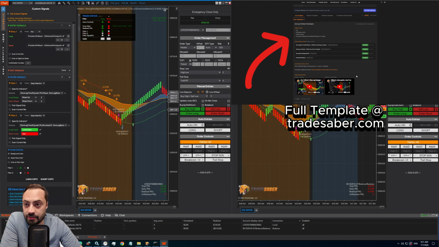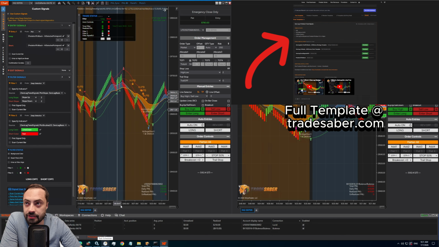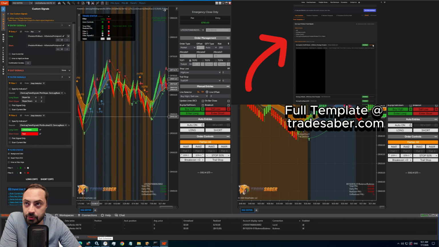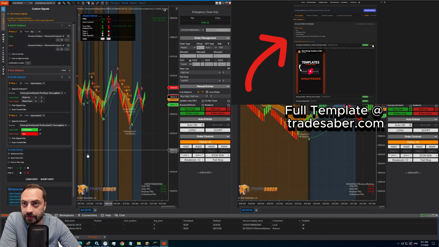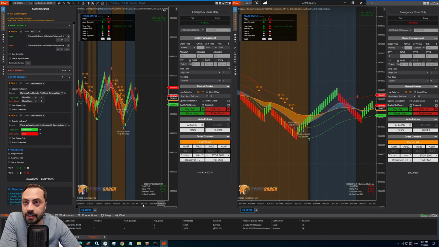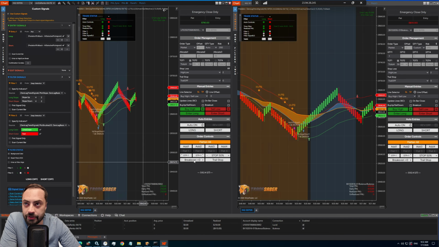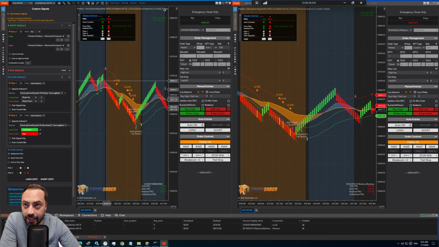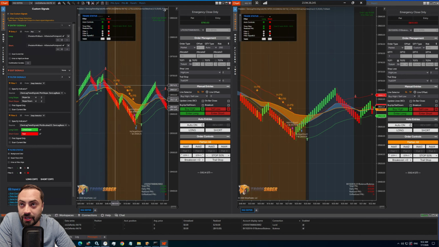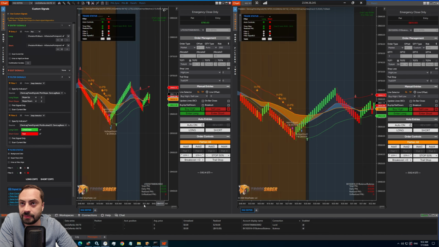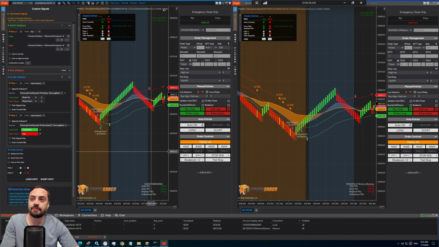So that would be one of these blue signals while the background is blue. And it's the complete opposite for the shorts. If we have a red line that's sloping down and we get one of these orange signals, then we're looking for a short. And that's pretty much it.